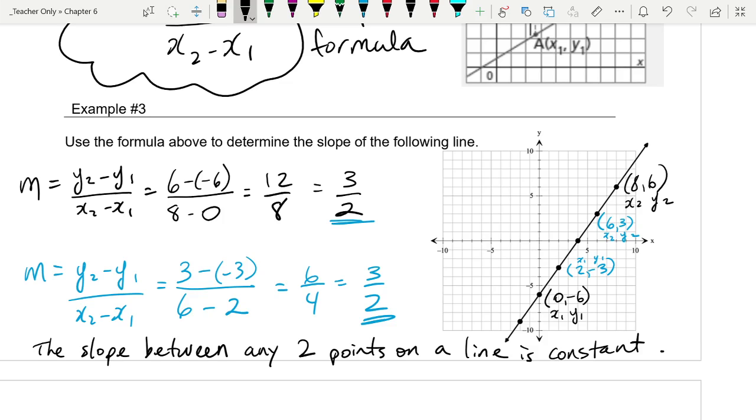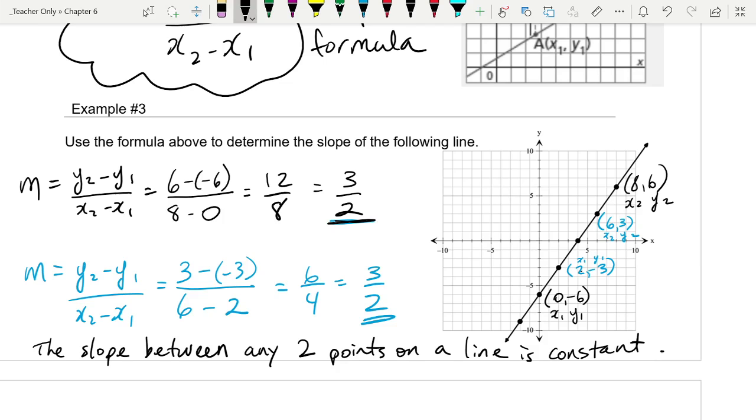Feel free to pick other ones if you want. You could go 6 minus -3, which is 9, 8 minus 2, 9 over 6, 3/2. It really wouldn't matter where you picked. All right, that's the basic gist of how the slope formula works.